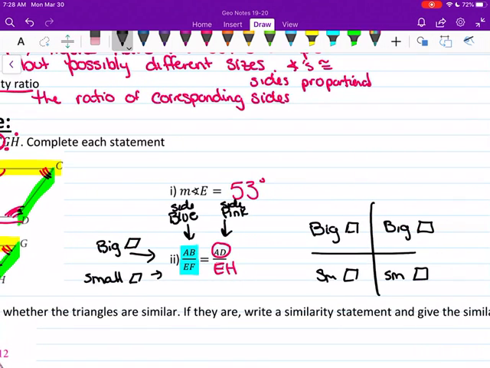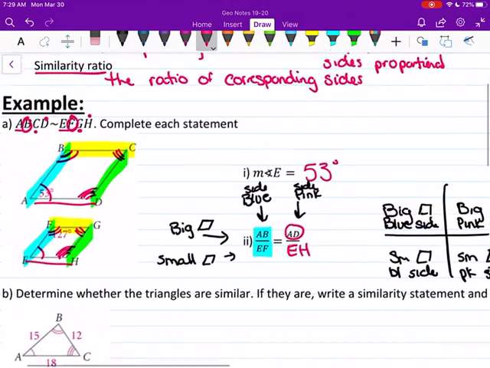So big blue side, small blue side. Then I had big pink side and small pink side, okay? If you organize it that way, even if you flip your columns and rows, your proportions will still be correct because of those properties of proportions we talked about last lesson.